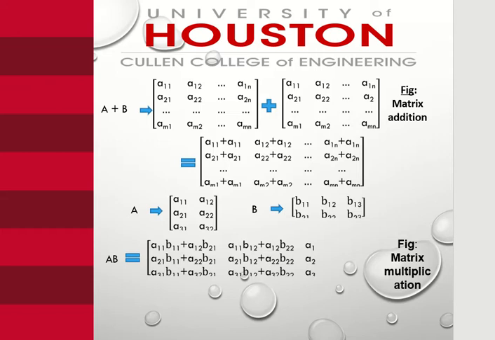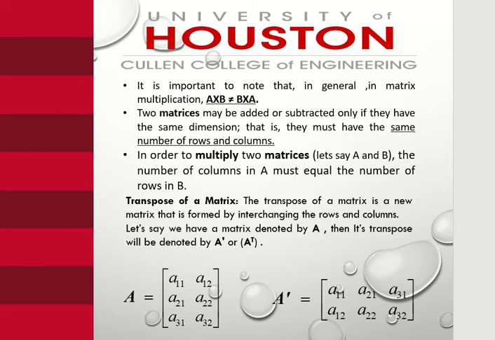So we get A11 into B11 plus A12 into B21. So this would be the first element in the matrix AB. Similarly, the second element would be A21 into B12 plus A22 into B22. So here we have this matrix. Similarly, we can get all the elements of this matrix.